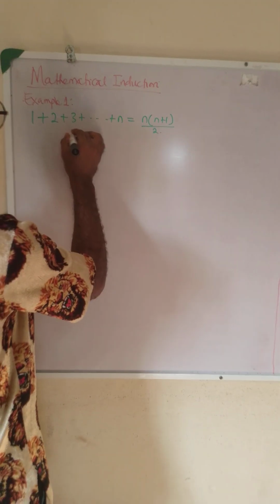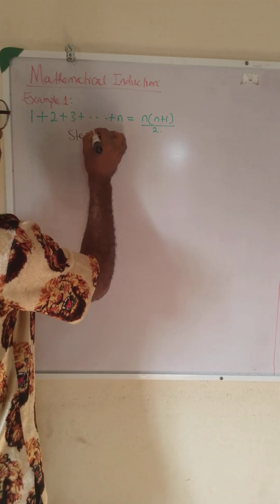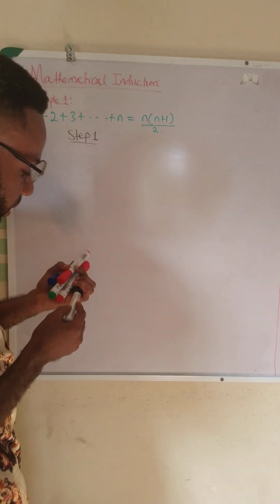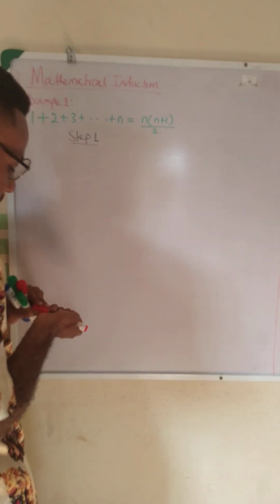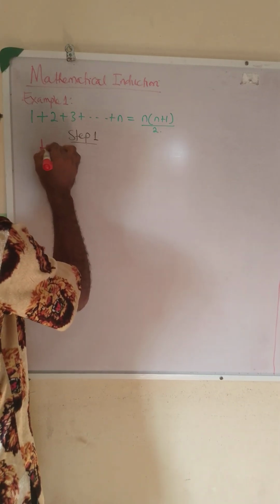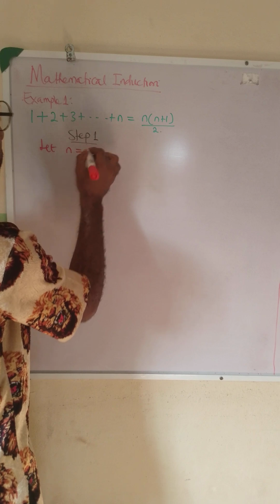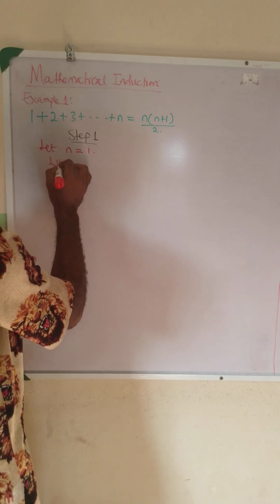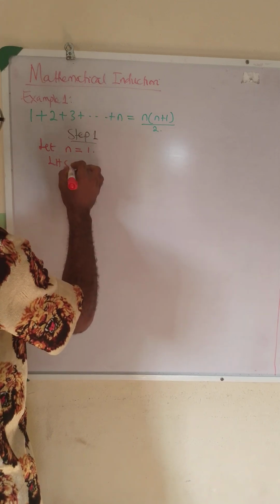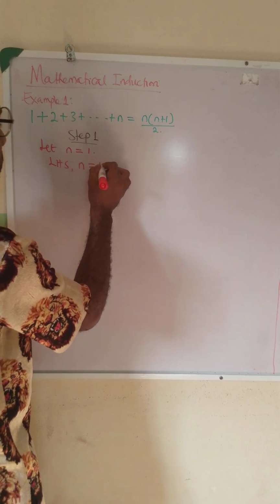So step 1, which is the basic step, we are to say let n equal 1. For the left hand side, since we have n here, we have n which is equal to 1.